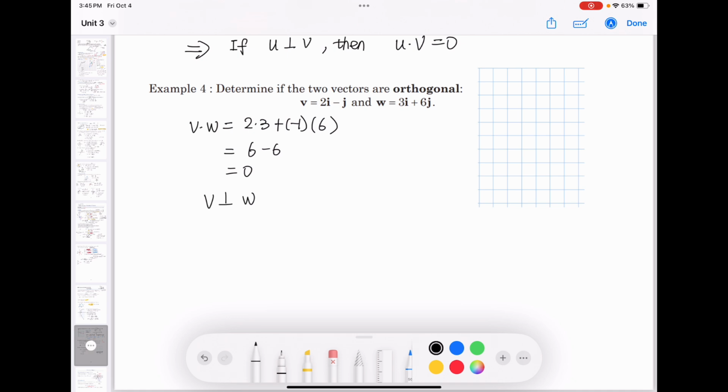For example, 2i minus 1, I'm going to have this. This is my vector, and 3, 6, they have the same initial point. And 3, negative 6 is a vector like this. That means these two can be told to be orthogonal from the graph.